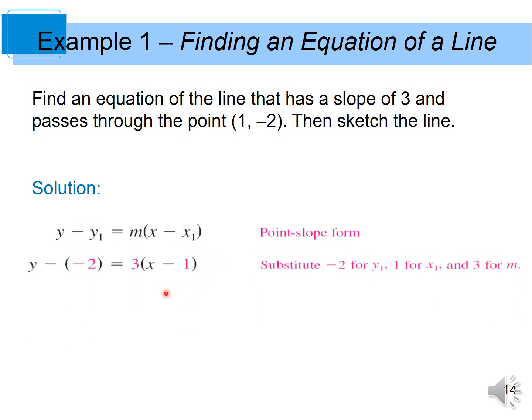Then replace x1 and y1 with the values given in the question: y1 is negative 2 and x1 is positive 1. Replace the slope m by 3. Then you simplify, and lastly, you solve for y. So we obtain our equation of the line.